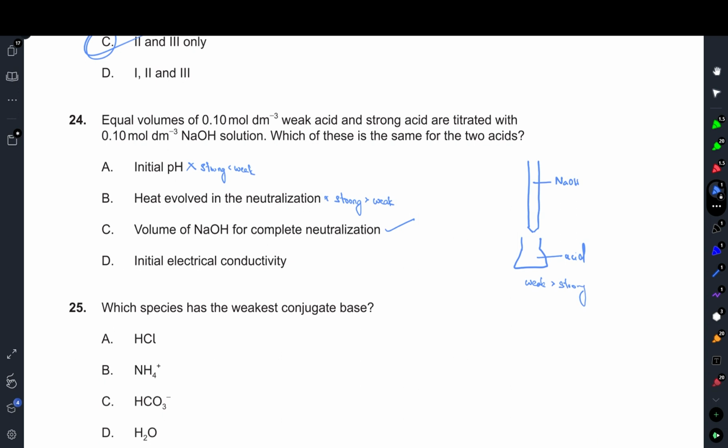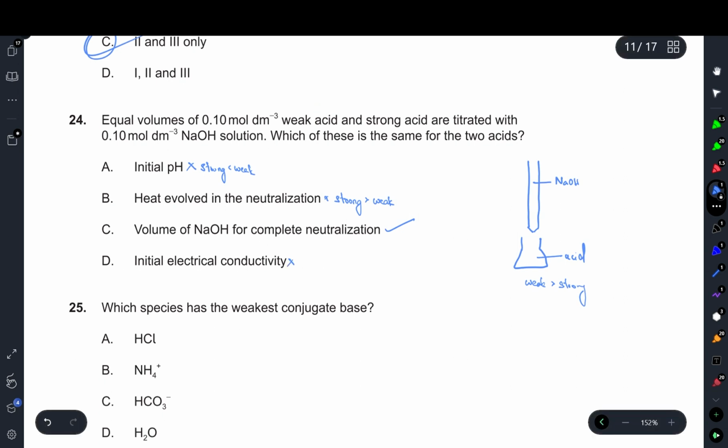That's taken into account because as you keep neutralizing pieces of your weak acid, you continuously regenerate the weak acid, which means that the volume of NaOH for the complete neutralization of both acids, strong and weak, will be the exact same because the concentration of H plus ions at the end of the day, when you add up the fluctuations in the weak acid caused by dissociation, will be the same as the strong acid.